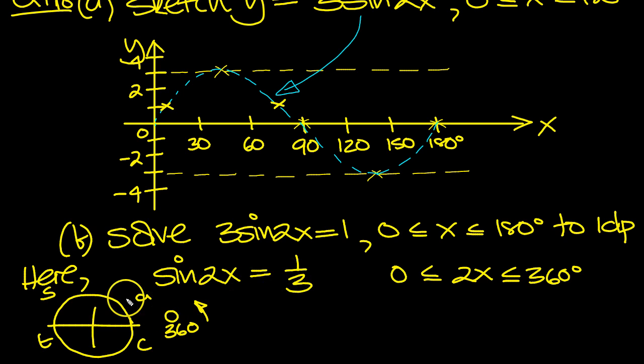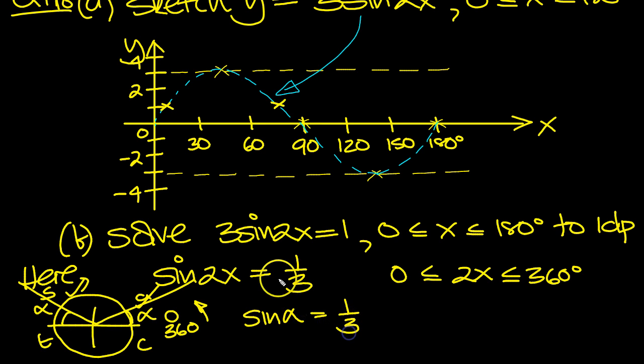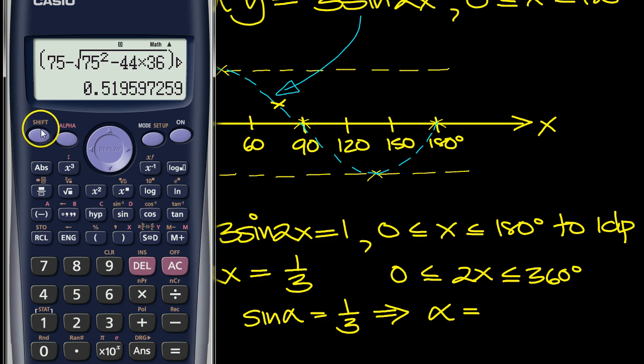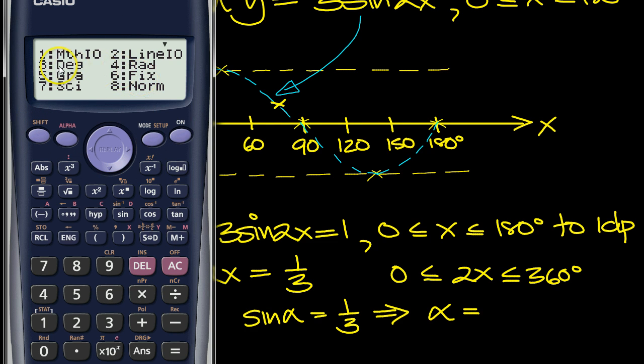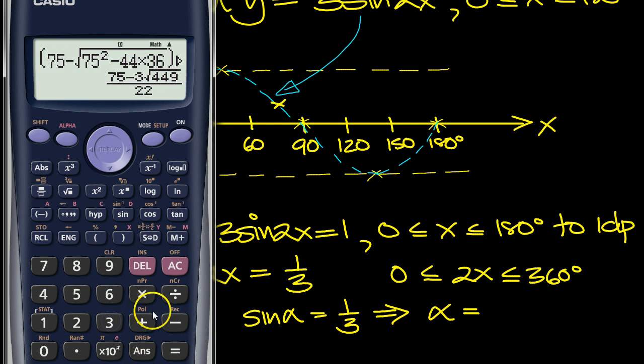Okay, so sine is positive here and here. So let's draw 2 horizontal lines. Mark off alpha, the associated acute angle, and simply write sine alpha equals 1/3. Drop the negative if there is one to drop. So that tells us what alpha is then. Shift sine of 1/3. So we need to be in degrees mode.